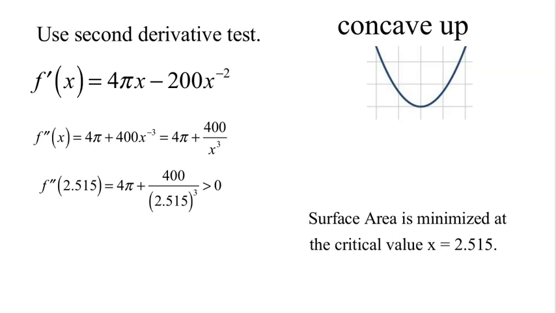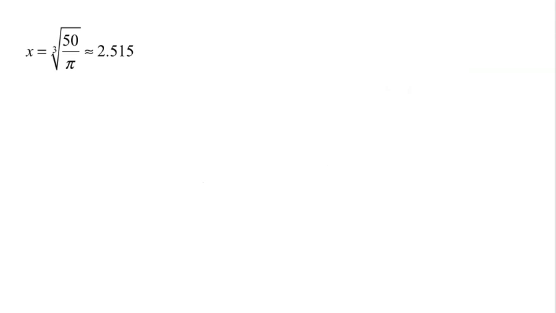We've got a little bit of algebra to do to determine how we're going to design this can to optimal specifications. So x is the cube root of 50 over pi. Remember, x was the radius, so let's go back and use the radius notation. And you'll also remember from our volume formula, we said 100 over pi r squared equals h.